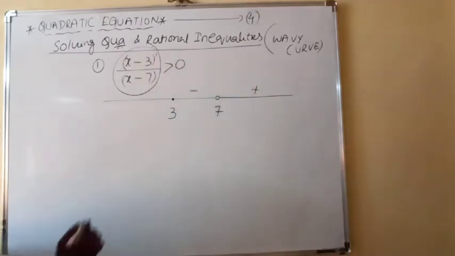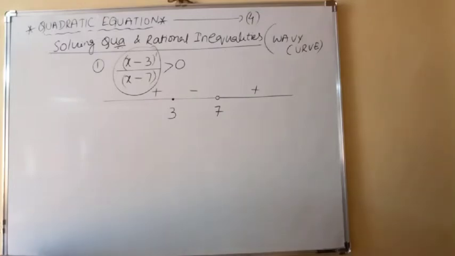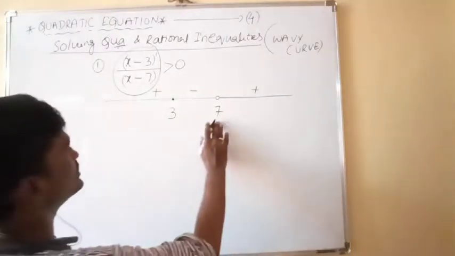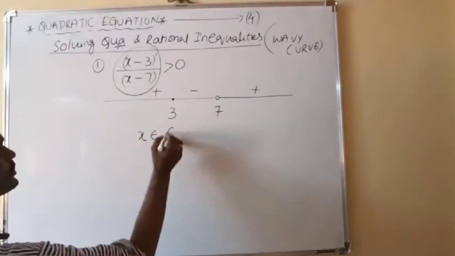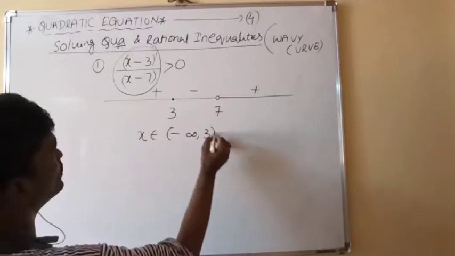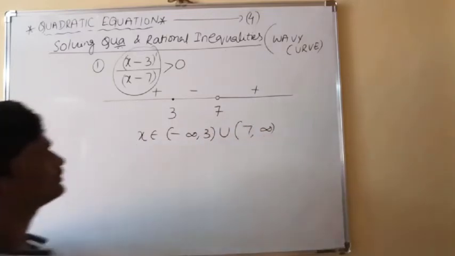So odd number. Then we have to change the sign. What you will get? Plus. So thus this ratio x minus 3 by x minus 7 is positive. That is possible only when x is greater than 7 or less than 3. That means x belongs to minus infinity comma 3 open interval union open interval 7 comma infinity.